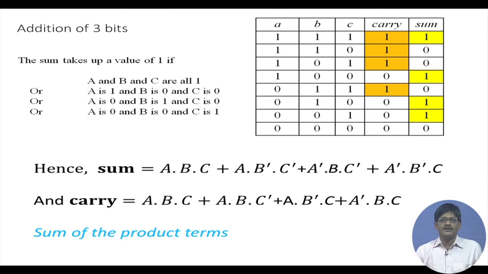So, that way if we look at say sum, I can say that the sum takes up a value of 1 in 4 cases, if A, B and C are all 1, or if A is 1 and B is 0 and C is 0, in that case sum is 1, or if A is 0 and B is 1 and C is 0, or if A is 0, B is 0 and C is 1.